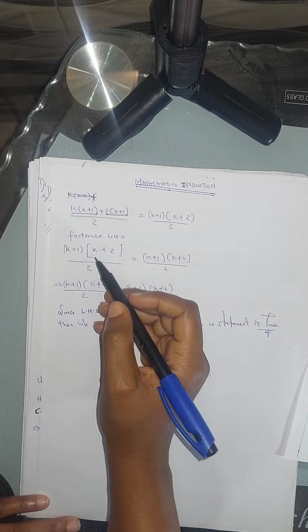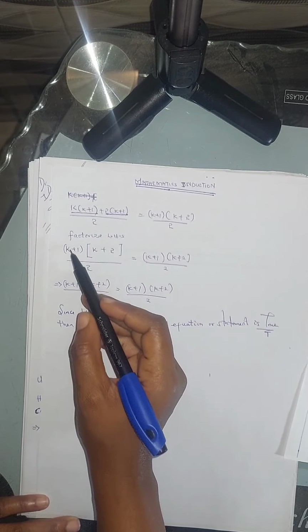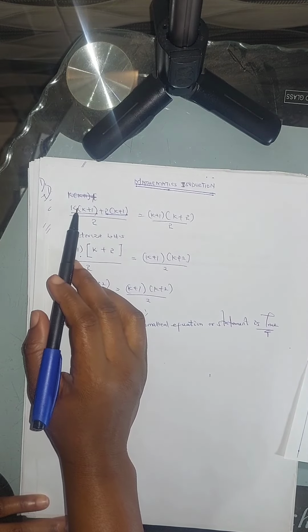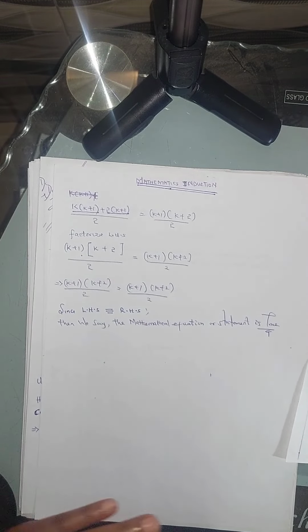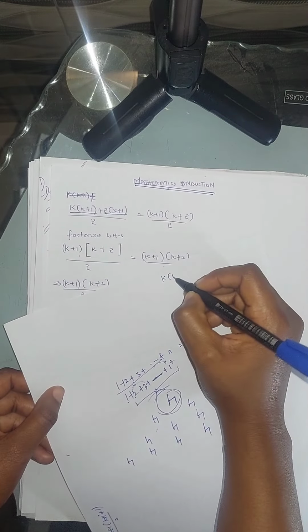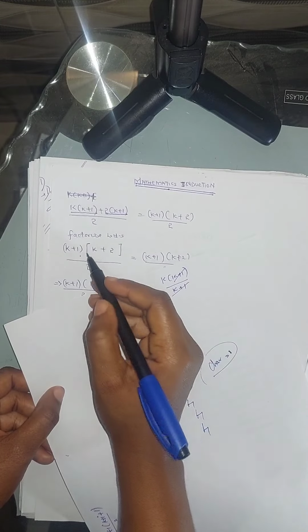Now the next thing is, I said factorize, right? So what is common to these two things is what? K plus 1. Then I open my bracket. So what I'll be left with in this first one now, let me show you. So as you can see, we have k for the first one, k plus 1. If I divide it by k plus 1, I'll be left with just what?